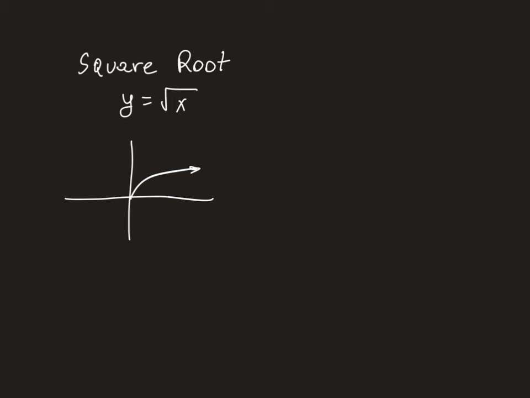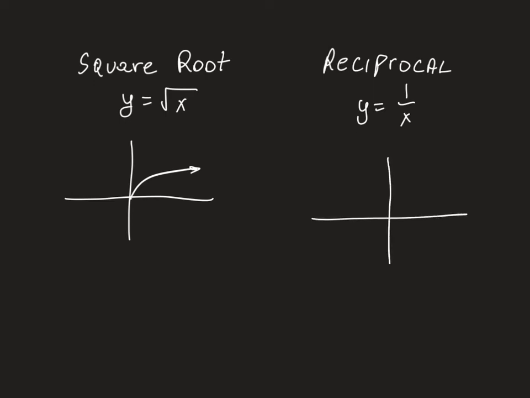And the last one I wanted to mention was a reciprocal, which would have an equation y equals 1 over x. And in this function, we have a lot of things going on here. We have what's called a vertical asymptote.